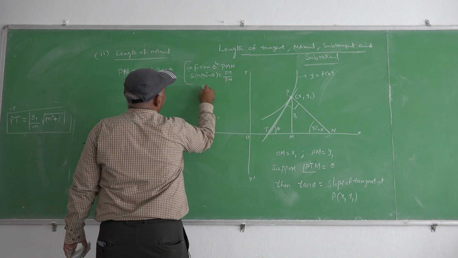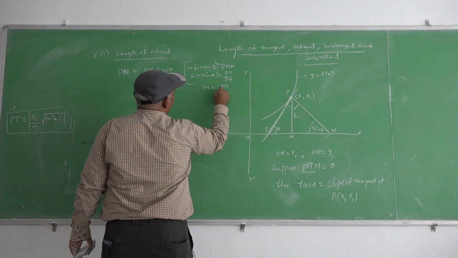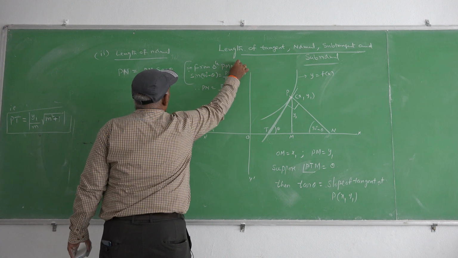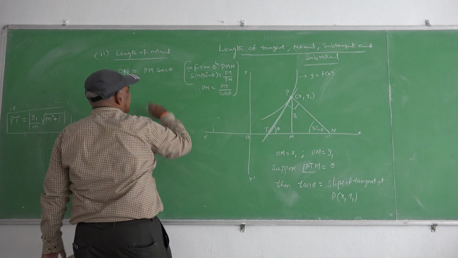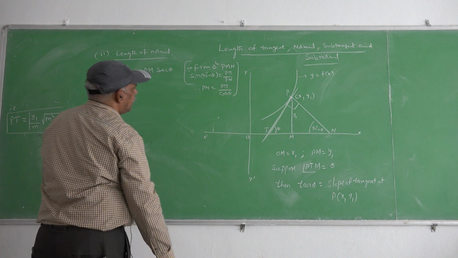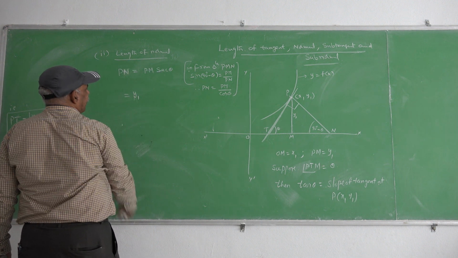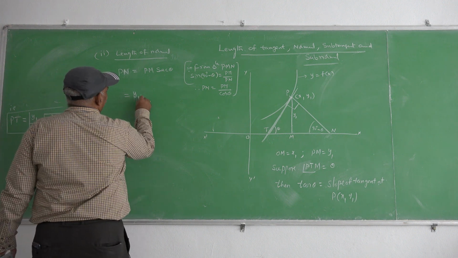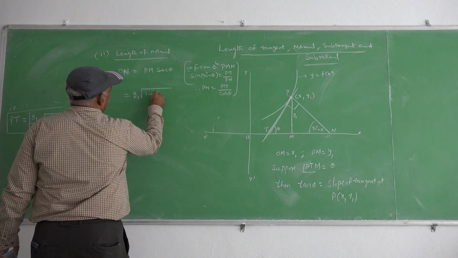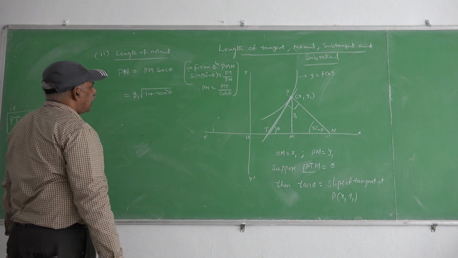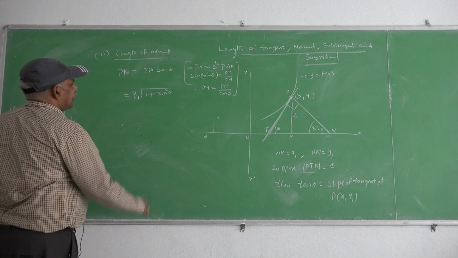So PN takes the value PM by sine of 90 minus theta, which is cos theta. Hence, PM by cos theta is PM secant theta. So that is PM, which means y1, secant theta. In terms of tan, you can write it as y1 into square root of 1 plus tan square theta.